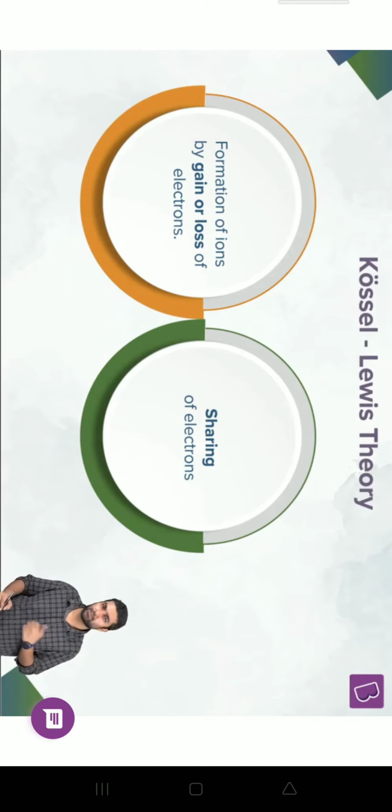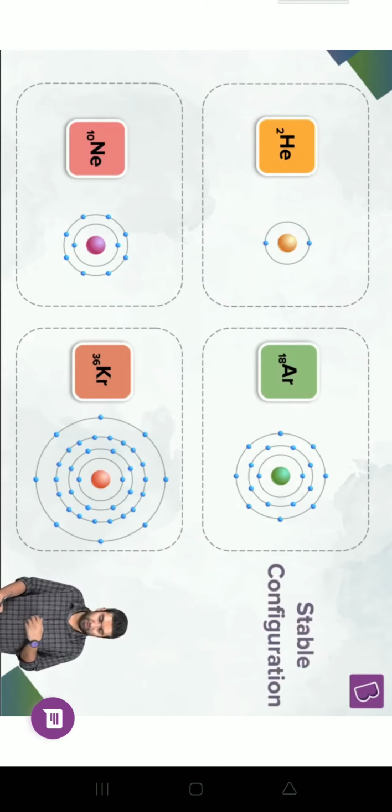Now what was the stable configuration? For most of the elements, except a couple of elements like hydrogen, helium, or you can also talk about lithium, beryllium, though not boron obviously, we'll get into the details of that later on, which form a duplet, the rest of the elements go for an octet: 8 electrons in their valence shell.